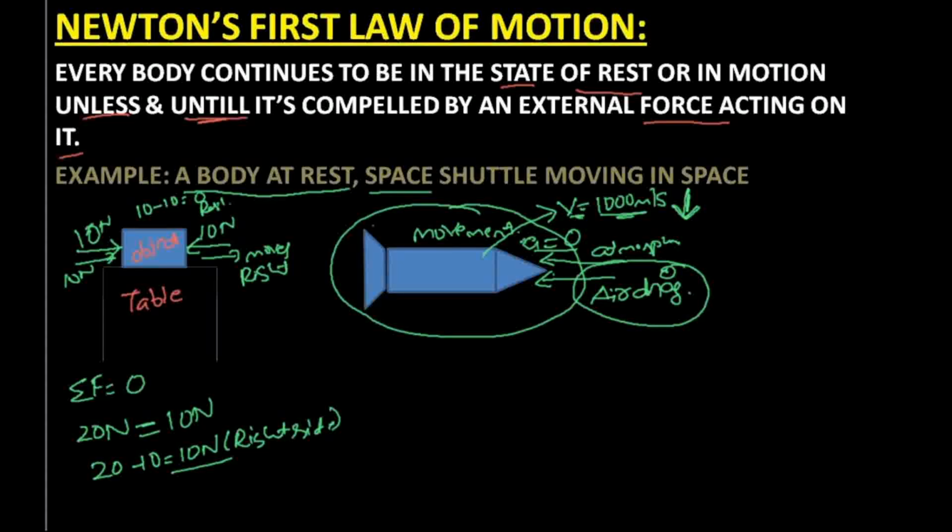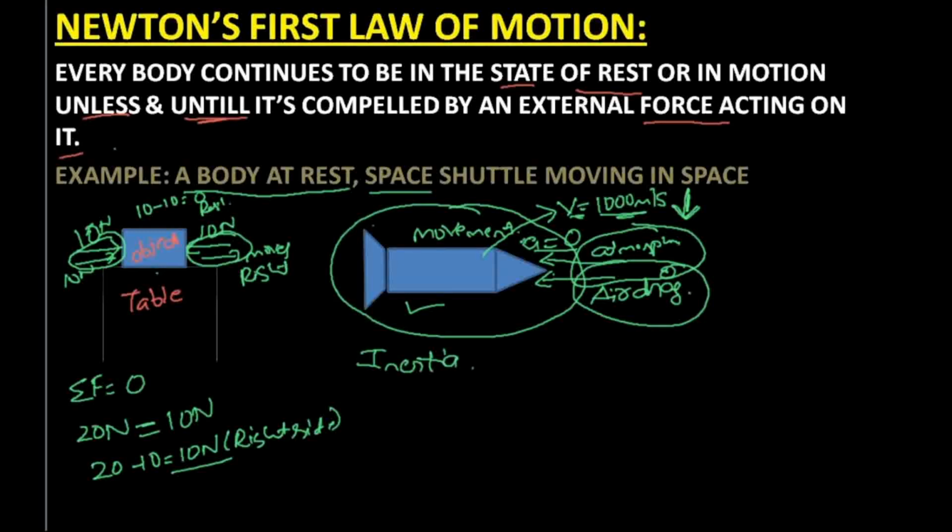A body continues in a state of rest or in motion unless it is compelled by an external force acting upon it. This is the external force here, so the body doesn't want to change itself unless it is compelled by an external force. Why? This is because of inertia.